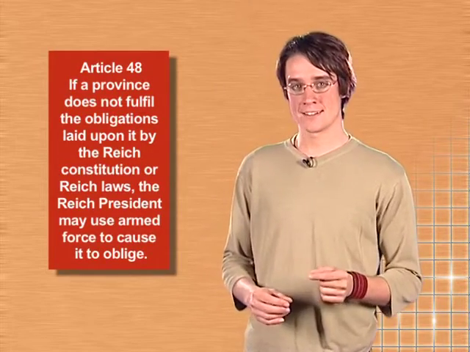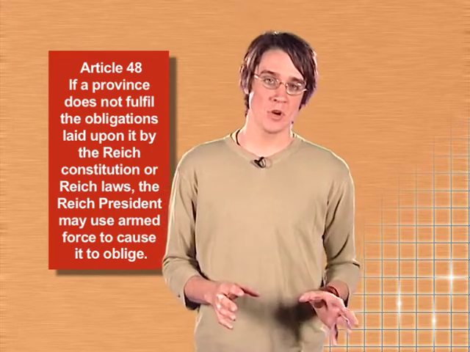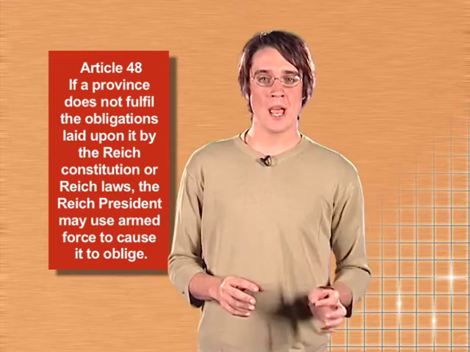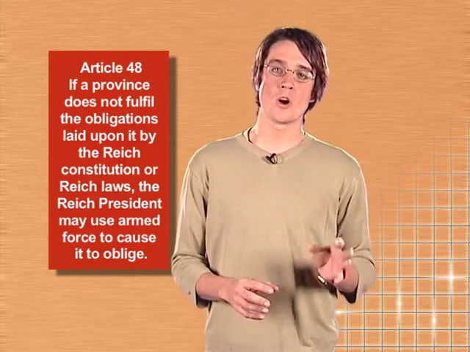Chancellor Brüning therefore increasingly relied on another aspect of the Weimar Constitution, Article 48. Originally intended to protect democracy in times of emergency, Article 48 began to be used as a way of avoiding working with the Reichstag and imposing a more authoritarian style of government.